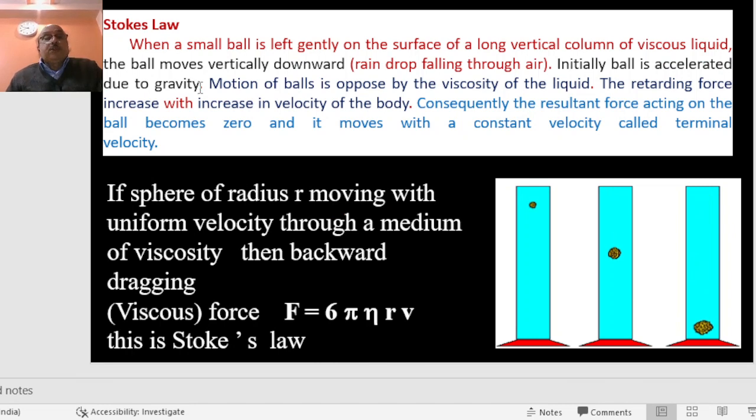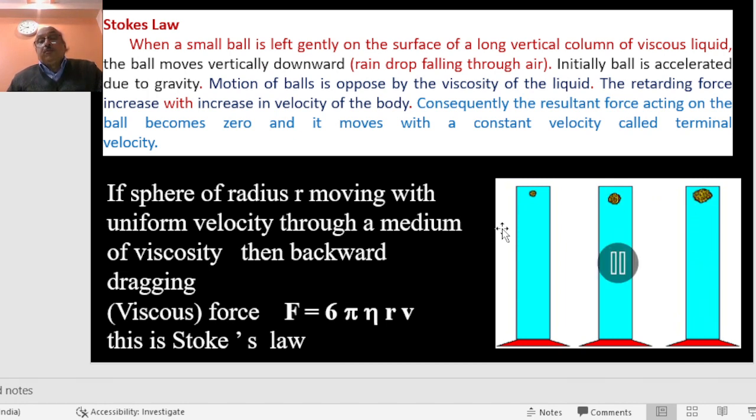The next point of interest is Stokes' law. If an object falls vertically downward inside a fluid, here a liquid column, the fluid is there in the form of liquid and the object is falling down. Here we are taking three objects of different sizes. What happens?